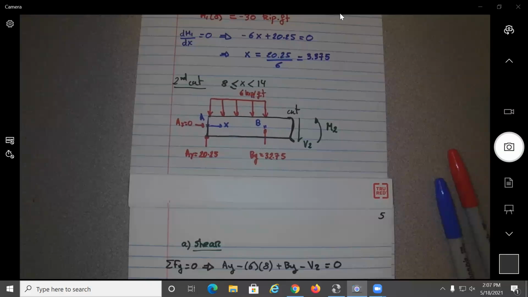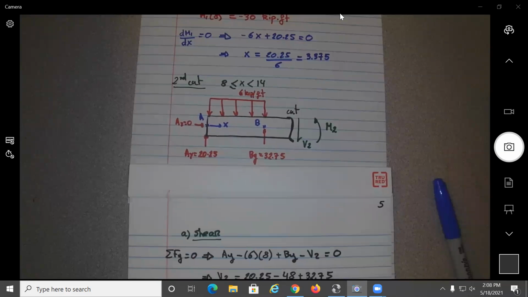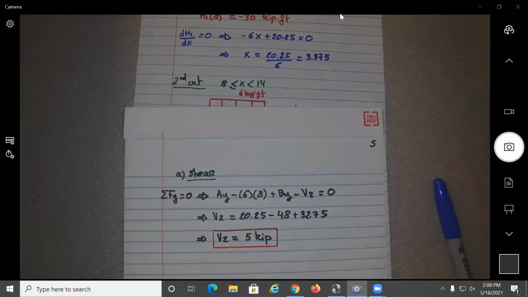So let's see. This will be 40, this will be 53. 53 minus 48 will be 5. Okay. So this one is constant over here.